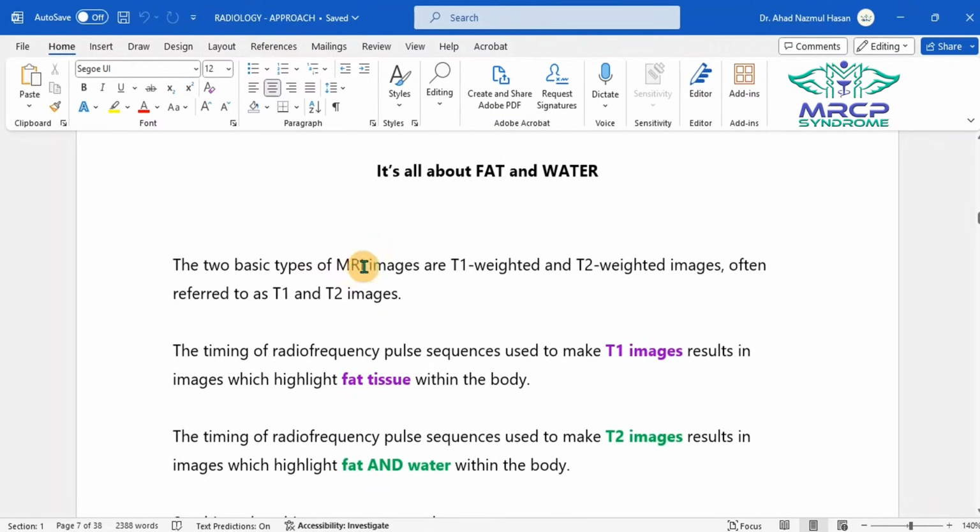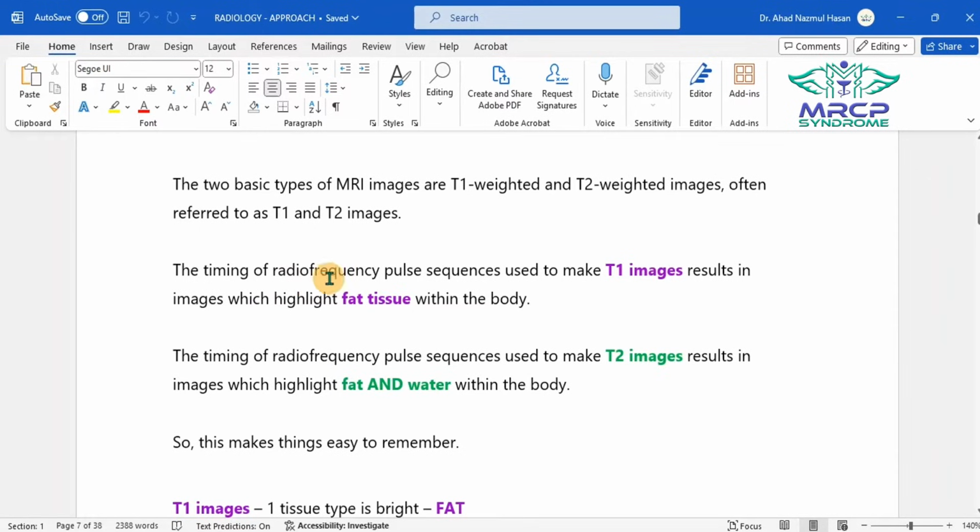The 2 basic types of MRI images are T1 weighted and T2 weighted image, often referred to as T1 and T2 images. The timing of the radio frequency pulse sequences used to make T1 images results in images that will highlight the fat tissue within the body.